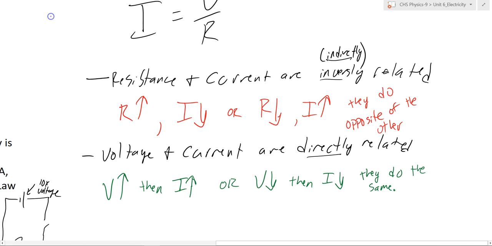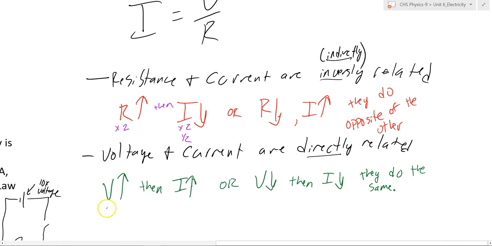If the resistance goes up by 2 times, then the current goes down by 2 times, or you can think about it like it's being cut in half.